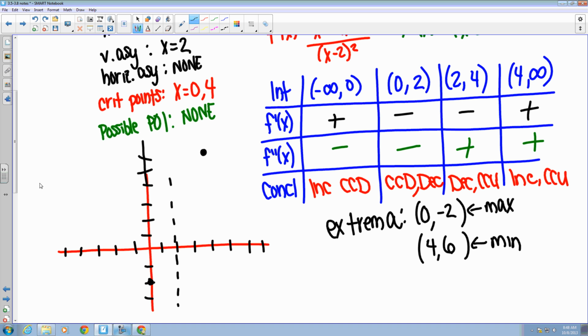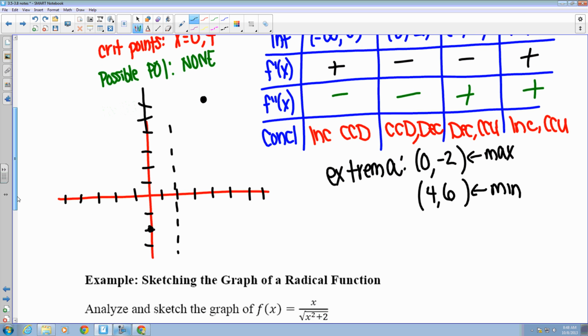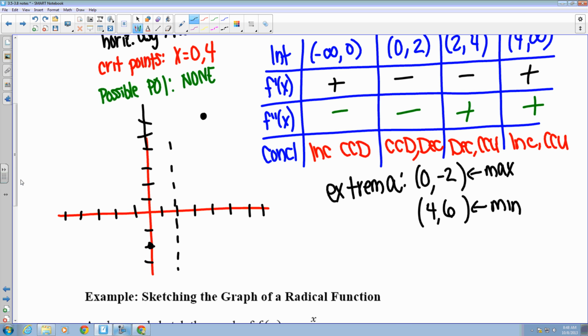Okay, now we're going to go with our increasing, decreasing to try to sketch the rest of it. From negative infinity to 0, so where that maximum is, we are increasing and concave down. Okay, and then after that maximum, we are decreasing and concave down, and we can't touch that asymptote, so something like that.